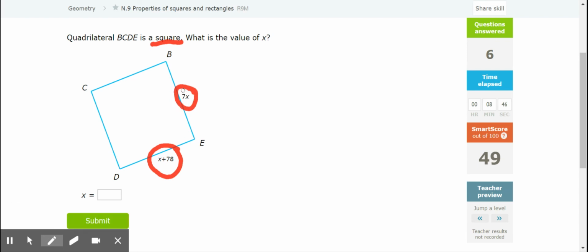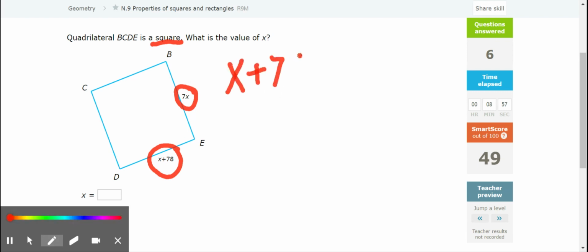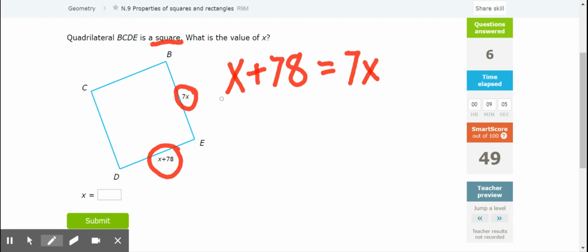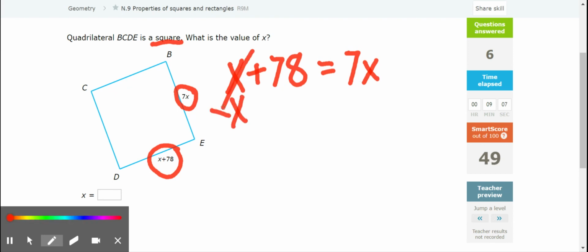So to find the value of x, I've got to set up an equation. I'm just going to set these two sides equal to each other because I know that they're supposed to be the same. So x plus 78 equals 7x. Let's get all of these x's to one side. So minus x, minus x.